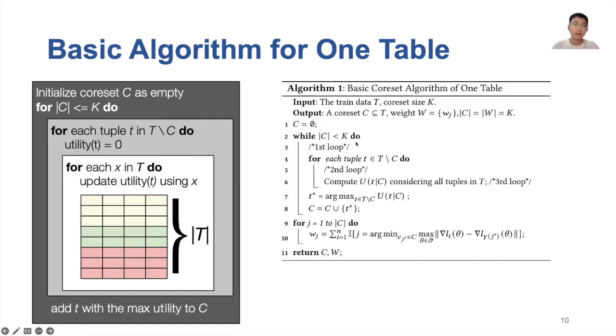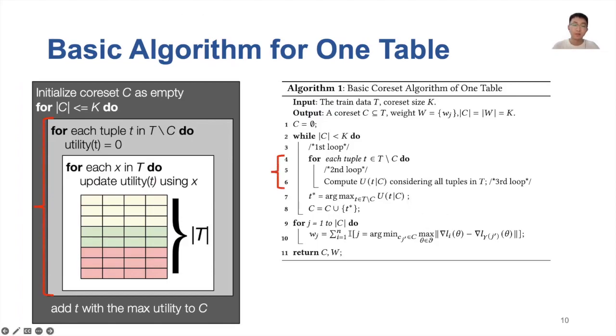The basic coreset algorithm is illustrated in the figure. Initialized with an empty coreset C, a coreset of size k is achieved using 3 nested for loops. Each iteration of the first for loop will add the tuple with the maximum utility to the coreset. The utility of a tuple denotes the reduction of gradient approximation error after adding the tuple into the coreset.